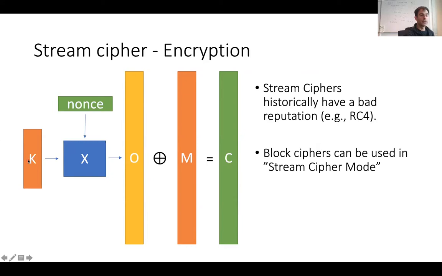If the key is 100 bits, there are only 2 to the 100 possible outcomes here. And if this output was 1,000 bits, there would be 2 to the 1,000 possible strings of that length, and it's just not possible for the stream cipher to produce all of them. The stream cipher will only produce a very small subset of these.